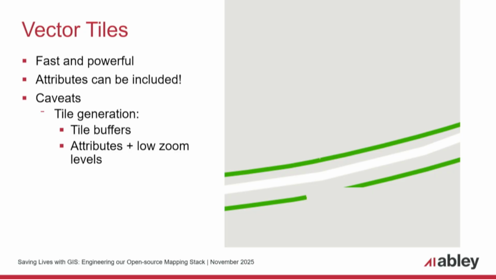And the other thing is, if you can see on this screenshot here, this is one curve in 2 directions, and on one side of the road, it's nice and continuous. On the other, it looks like it's been cut weirdly. And this is actually to do with tile buffers. The data actually comes in just up the center of the road. We're offsetting it so that it looks nice and the user can see what side of the road we're talking about.